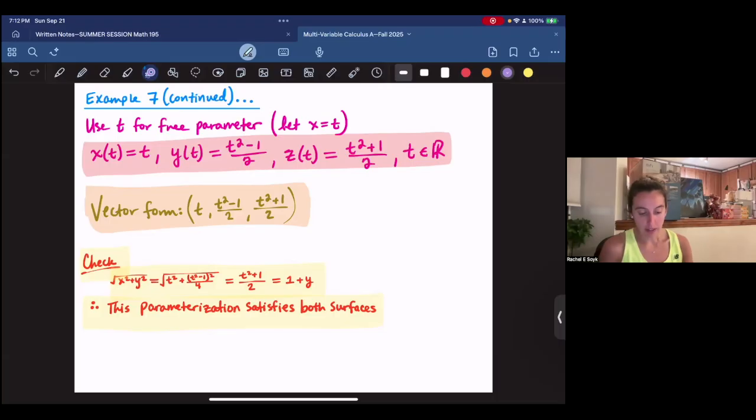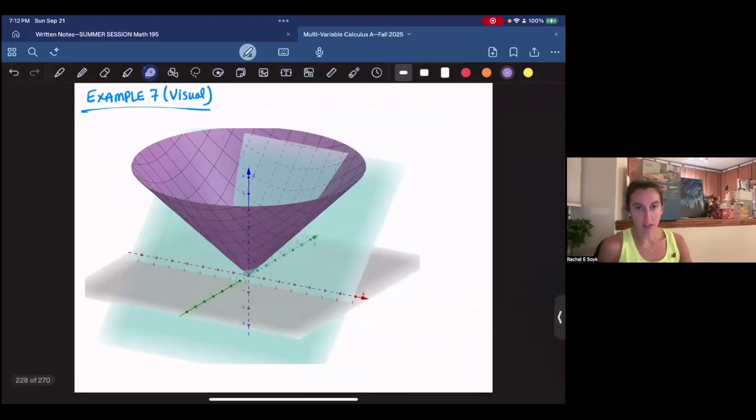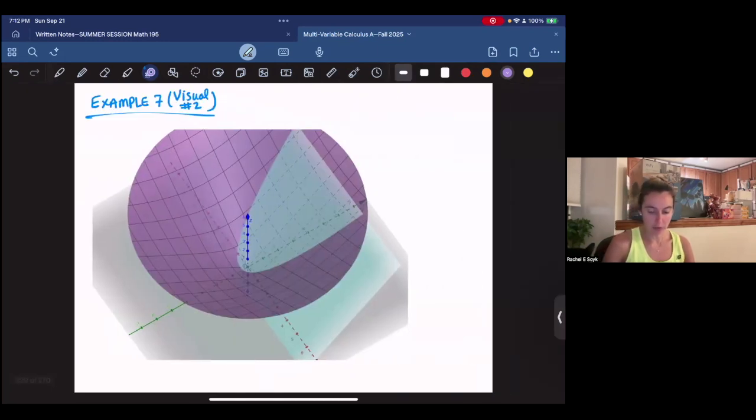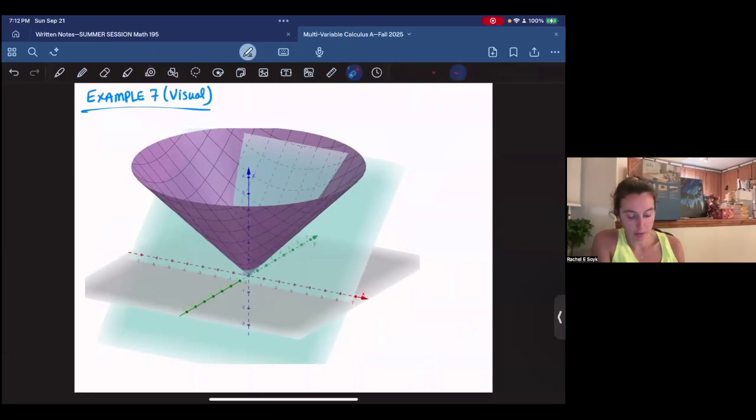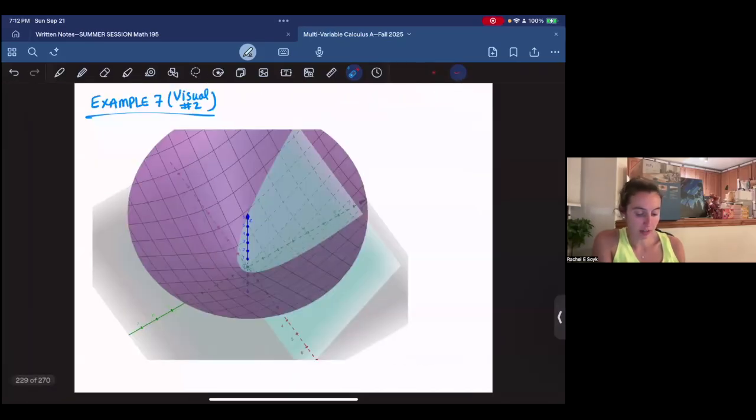So in terms of really seeing the visualization of this, we have it on this next page. And then I have also another angle of the visualization. So you can very clearly see the cone on that first visual. You can see the plane too, but on the second visual, you can see where the plane is intersecting the cone and how this parabola is formed.